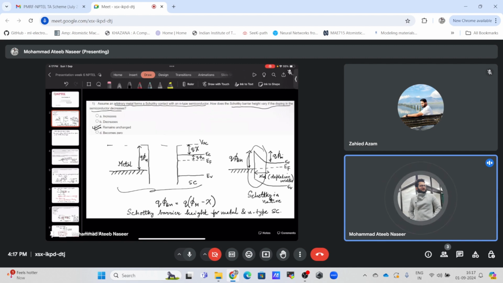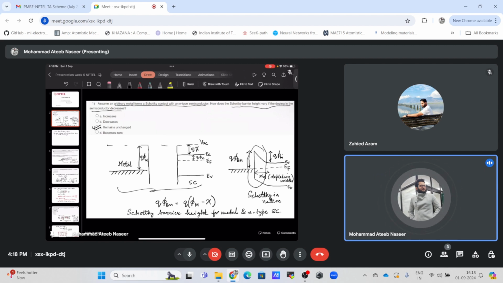In realistic scenarios there will be some gap between the metal and the semiconductor, and that gap will also result in fluctuation of the metal semiconductor Schottky barrier height. So neglect that as well. We neglected two main things: the delta, which will be present in real life scenarios when metal and semiconductor make contact, and also the interface states.